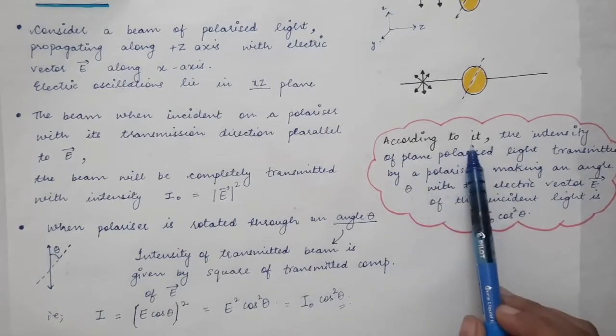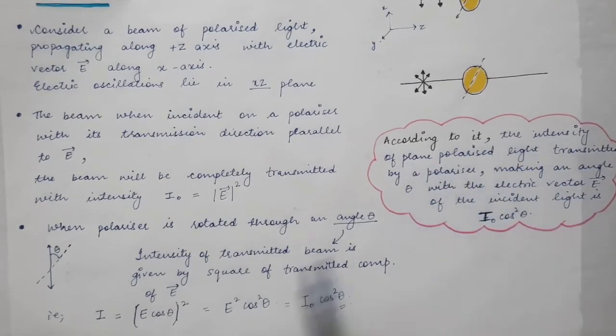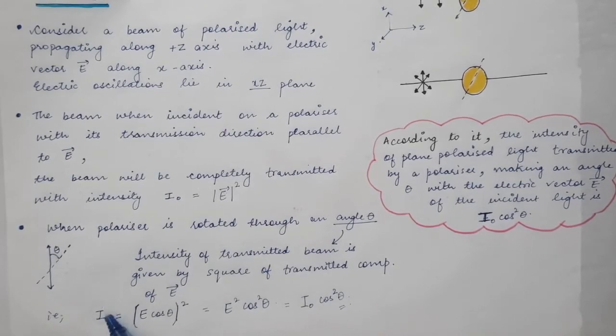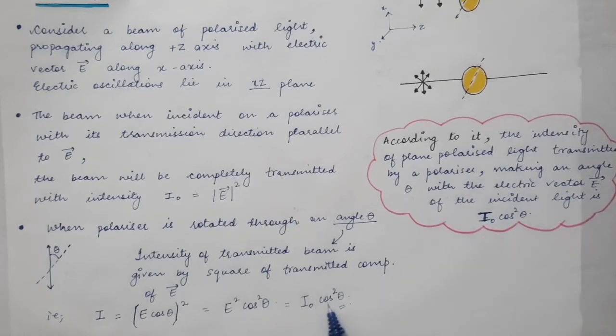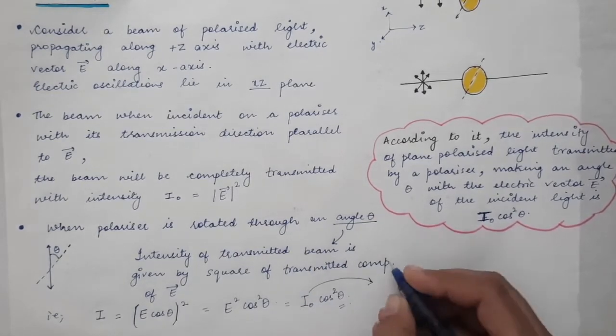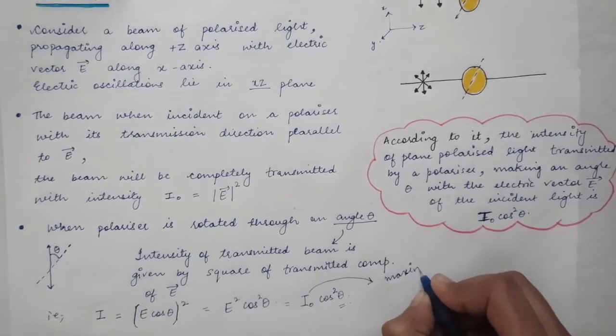According to it, the intensity of plane polarized light transmitted by a polarizer making an angle of theta with the electric vector E of the incident light is given by I0 cos squared theta, where I0 is the maximum intensity of transmitted light by the polarizer.